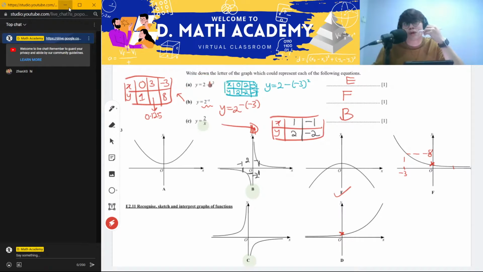So whenever you see there was a square there, it's either a smiley face or a sad face. Check whether it's a quadratic or not. Quadratic is a smiley face. If it's negative, like this one in A, it's a sad face.